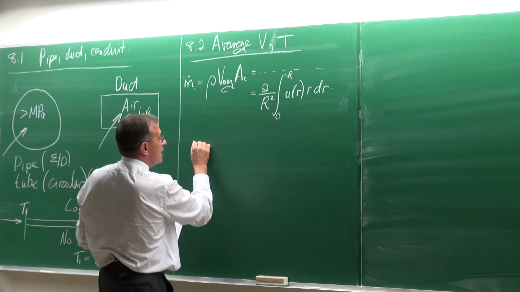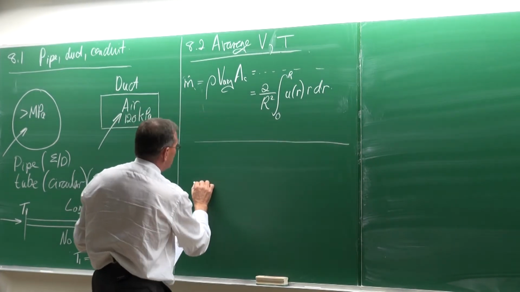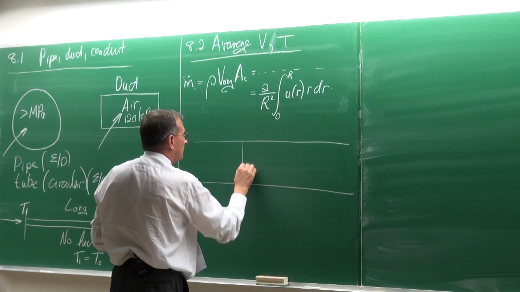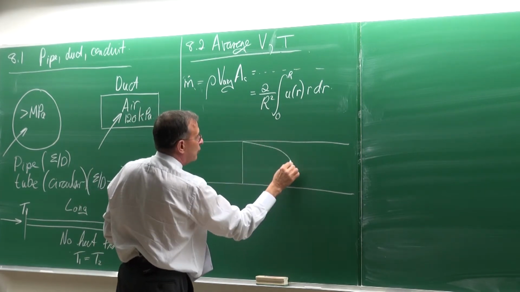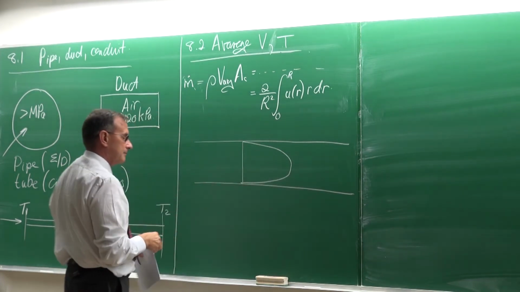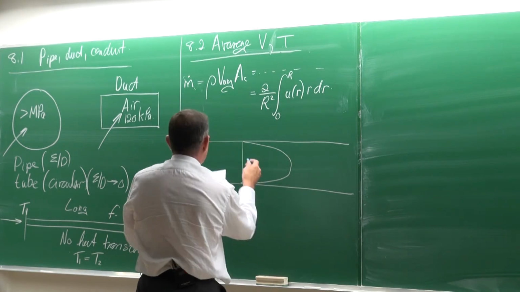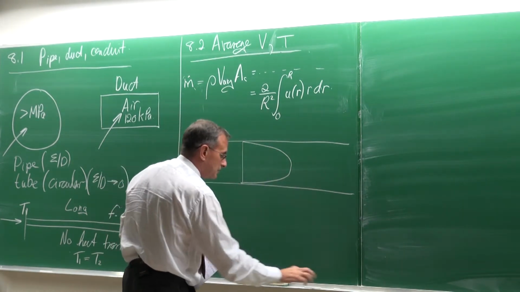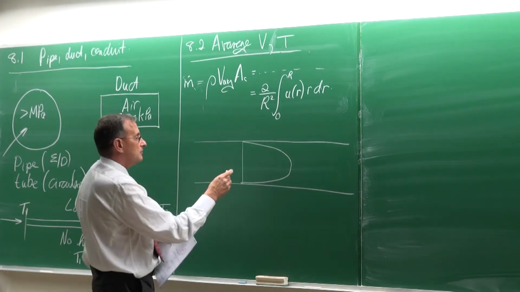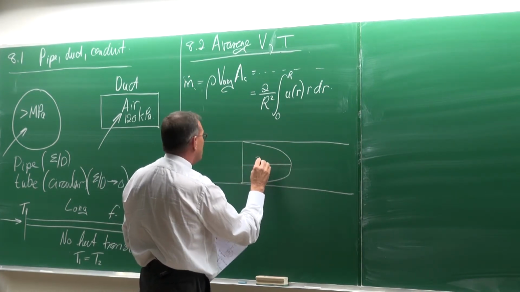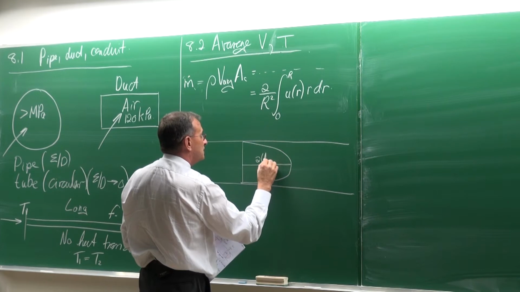You also know that for laminar flow, the velocity distribution would be parabolic, like that. Parabolic velocity distribution. And the question is now, as I've indicated already, that the maximum velocity can be 2 times the average velocity.